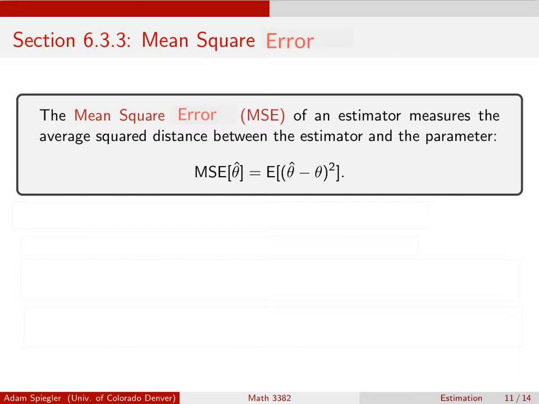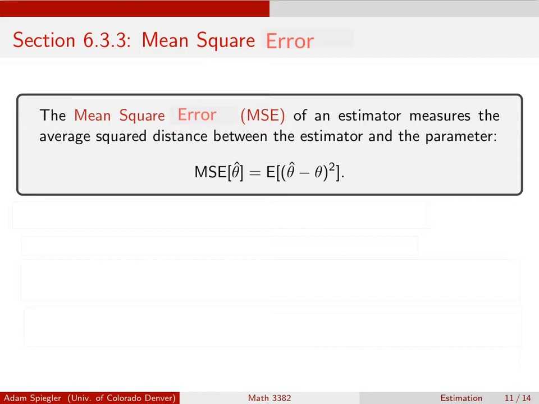And so as the name implies, what we are going to do is take the mean, the average of the squared errors. In other words, the distance of our estimator from the value of the parameter it's trying to estimate. So by definition, the mean square error of theta hat would be the expected value of (theta hat minus theta) squared.